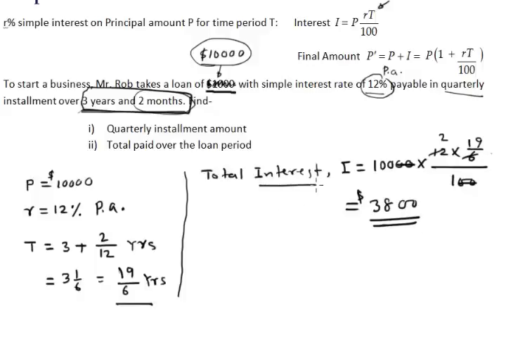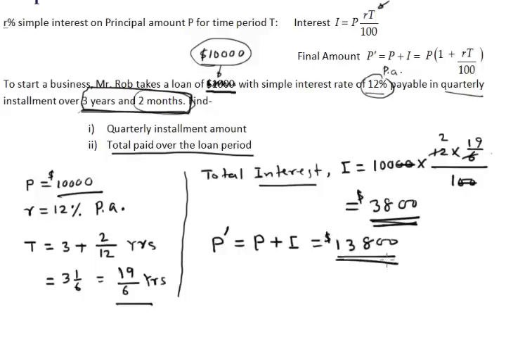So this is the total interest. So what will be the total pay? Total pay, that is the final amount, is initial amount plus the interest. Initial amount is 10,000, and if we add this interest, we will get $13,800. So this is the total payment he is making over these years.